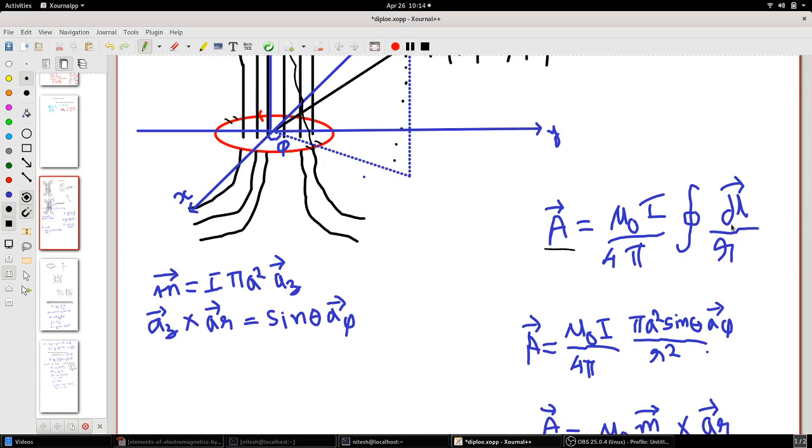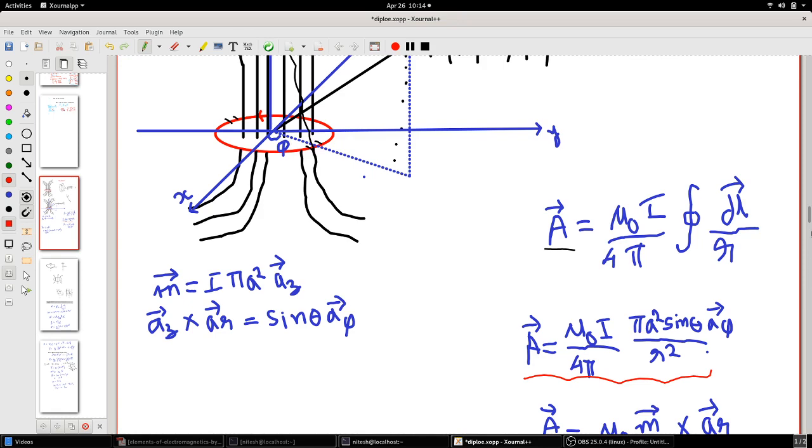It's a closed loop integral, right? Then what it turns out is A becomes equal to mu naught I by 4 pi into 4 pi a square sin theta divided by r square, a phi. This is the output of the integration that you get.